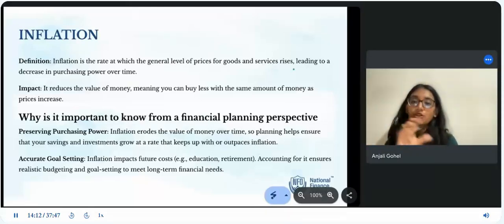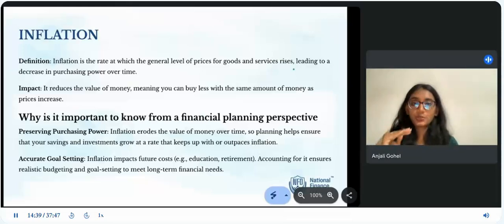So with 1,000 rupees, you were able to buy 2 school bags, because that was the price. This year, because the prices of goods and services are increasing, you are able to purchase only 1 unit, which means you're able to purchase only 1 school bag. Your price of the bag has increased, so your purchasing power will also decrease.